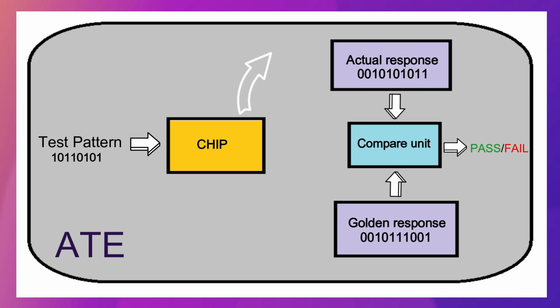The golden response provided by DFT engineers is also stored on ATE. A compare unit on ATE checks whether the golden response matches the actual response. If they match, the chip passes the test, meaning it has no manufacturing defects. If they differ, the chip fails the test due to manufacturing defects.